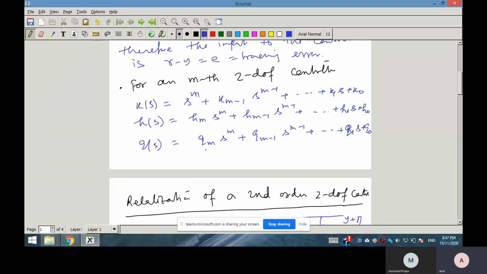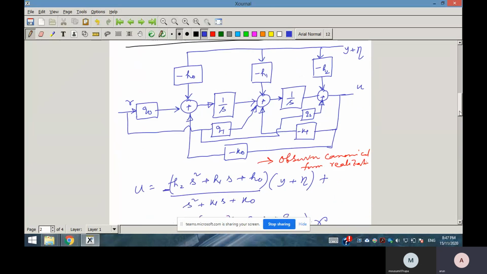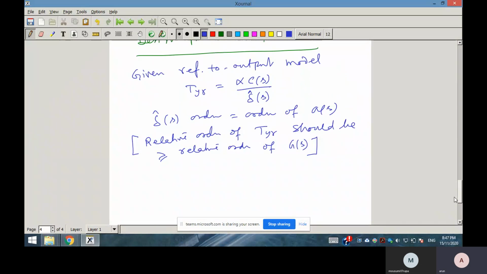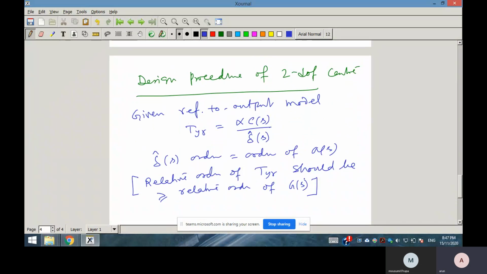So the degree of QS should be less than or equal to M. Here, to have full flexibility, I have chosen M. Anyway, the TYR transfer function relative order should not be less than GS.